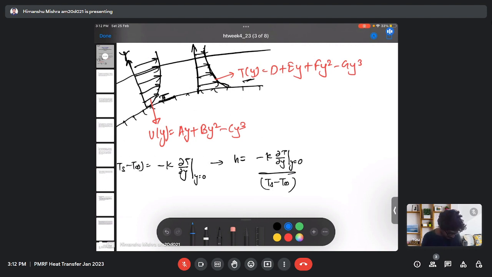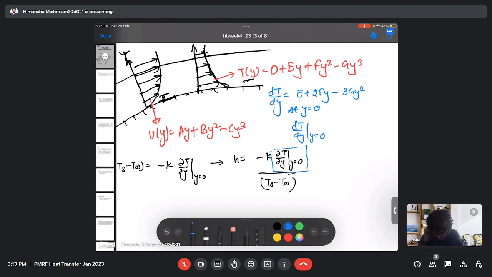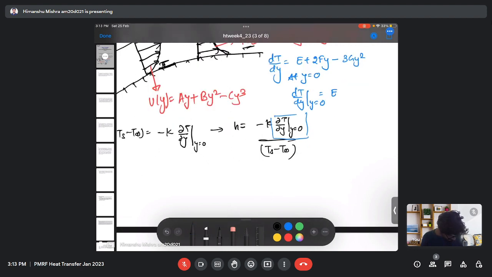The derivative of the temperature profile is E plus 2Fy plus 3Gy squared, and at y equals 0 it will be just E. We can plug this into the expression and we will get the heat transfer coefficient in terms of T infinity and E, where E is a constant. So this will be my heat transfer coefficient.